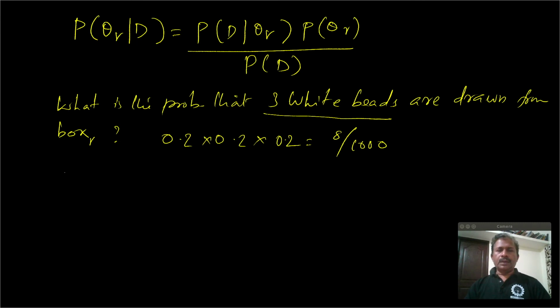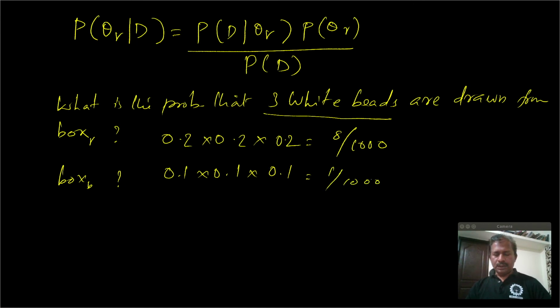What about the same question for box B? That will be 0.1 multiplied by 0.1 multiplied by 0.1, which is equal to 1 over 1000.